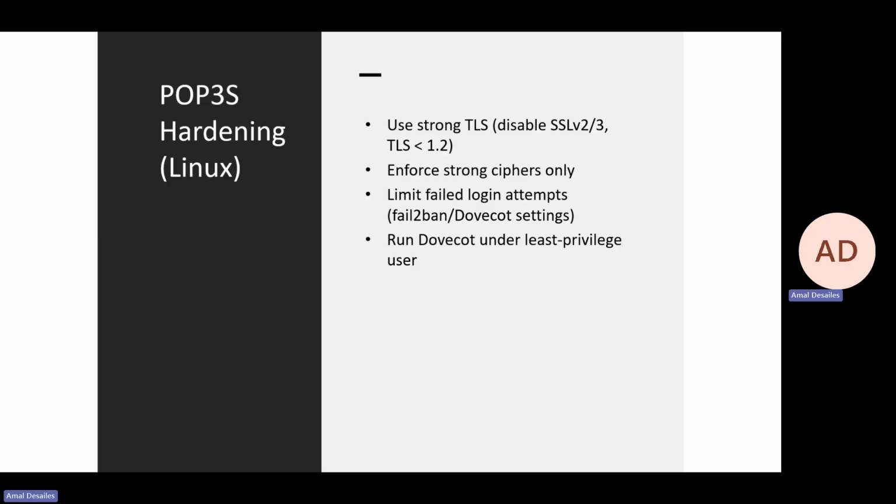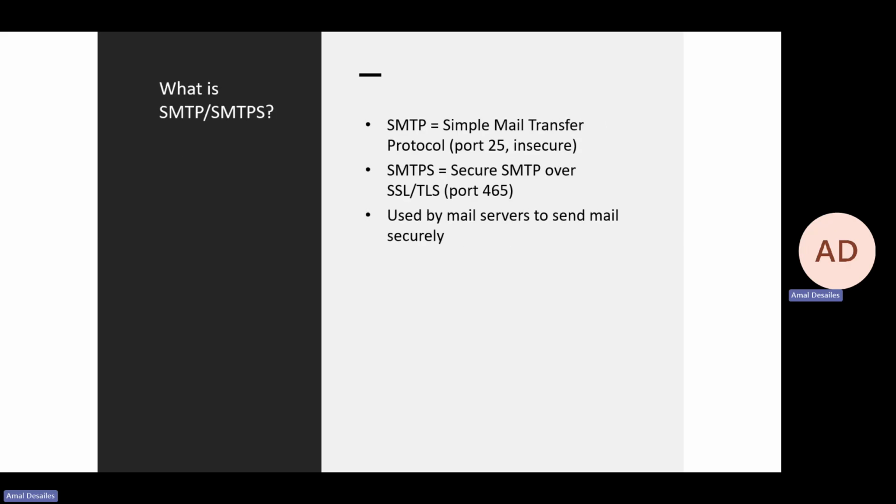Next, we're going to talk about SMTP or SMTPS, which is the same as the POP3 and POP3S we just mentioned. The S stands for secure, using SSL or TLS. SMTP, known as the Simple Mail Transfer Protocol, is responsible for sending email between servers.